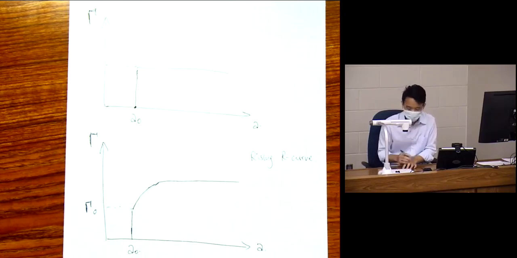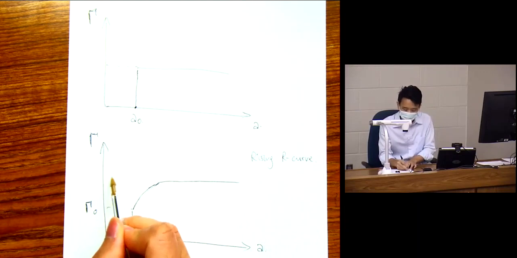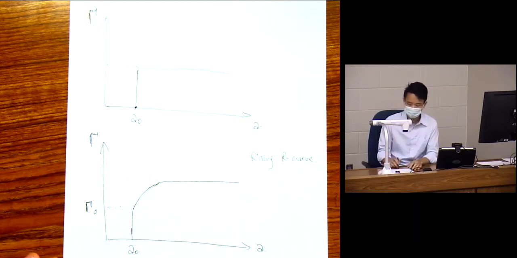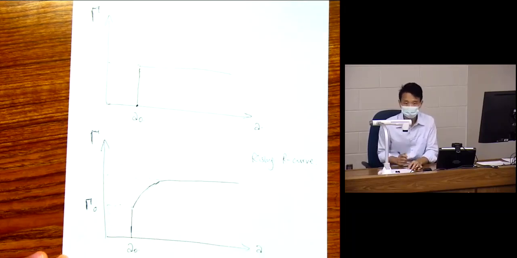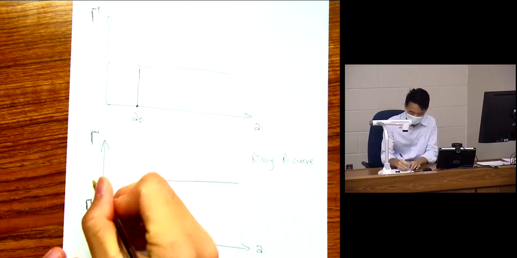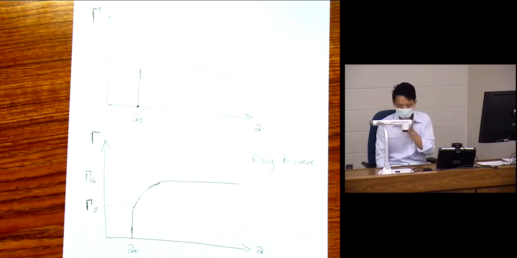So if it reaches a flat, typically it does. Most of the materials that we have seen behave like that. It has a higher value than the initial one, but it does stay flat. And we typically call this the steady state fracture energy.